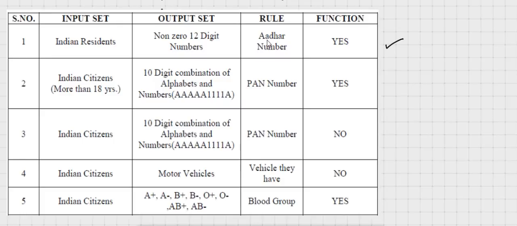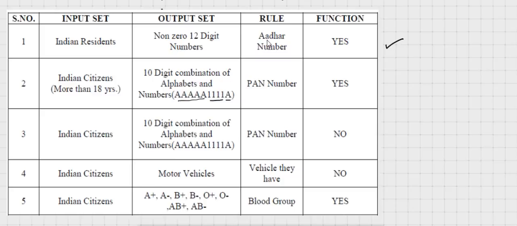Let us take the second example. I am taking the input set as the same, with only one restriction: citizens of more than 18 years. The output set is a combination of alphabets and numbers: 5 alphabets, 4 numbers and again 1 alphabet.